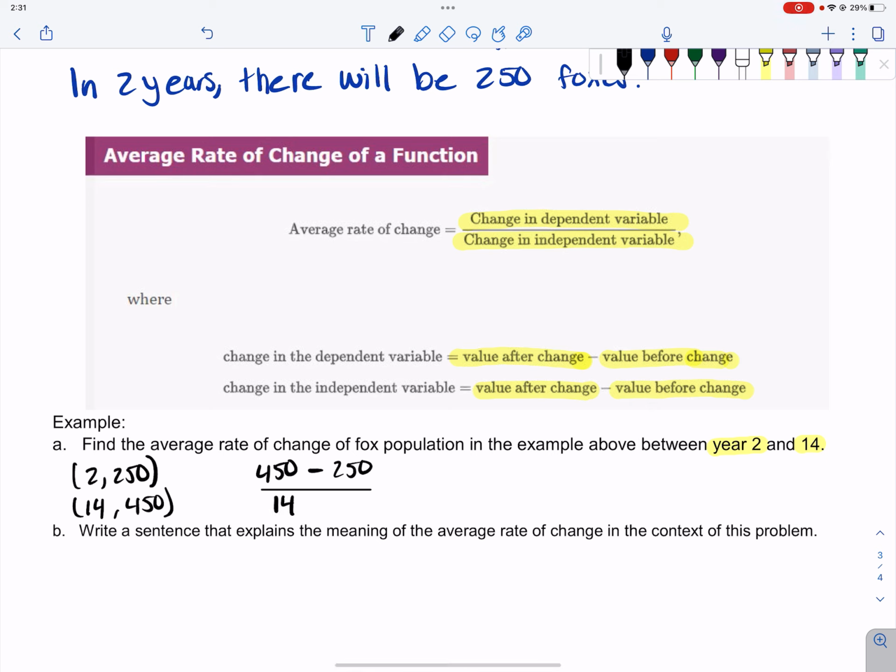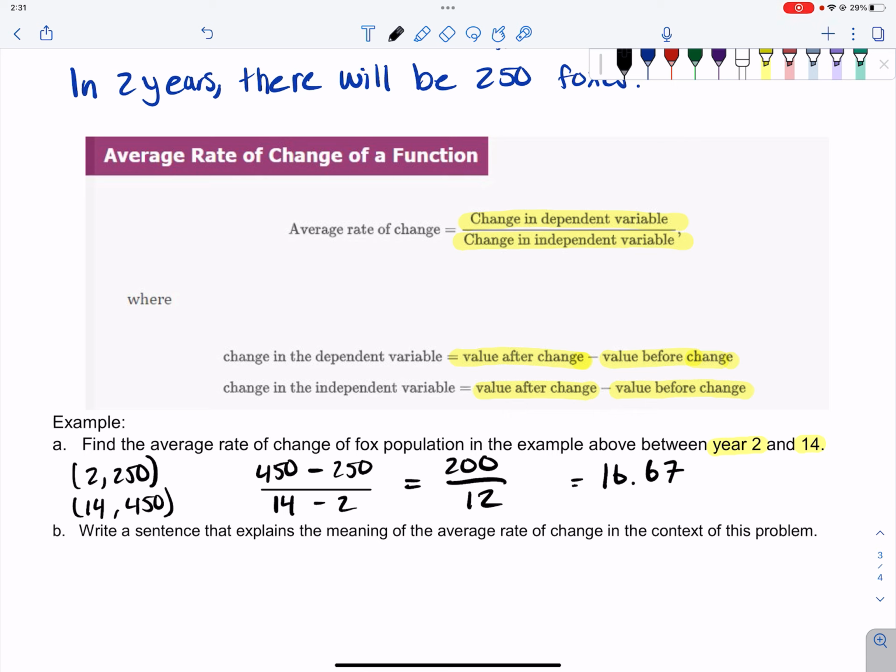So we're going to have 14 minus 2. This gives us 200 over 12, which if we evaluate, you should get about 16.666, keeps going on, so I'm just going to round this to 16.67.